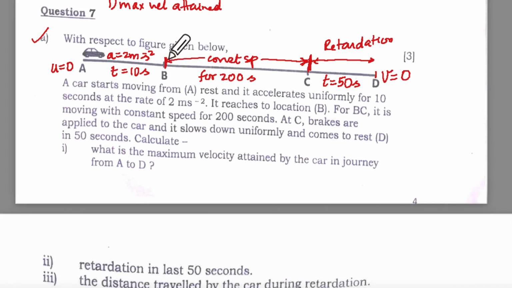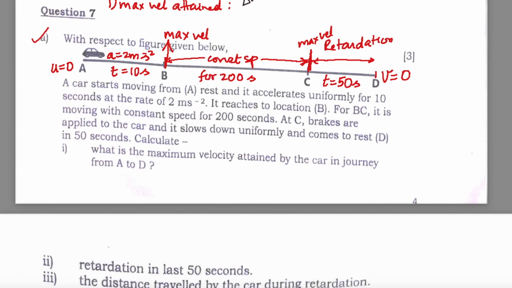So maximum velocity will be at B. Do you agree with that? Max velocity will be here. Now this is constant speed, so from here up to here there is max velocity. Understanding? Yes, ma'am. And then it is going to show retardation. So they are asking what the maximum velocity is.